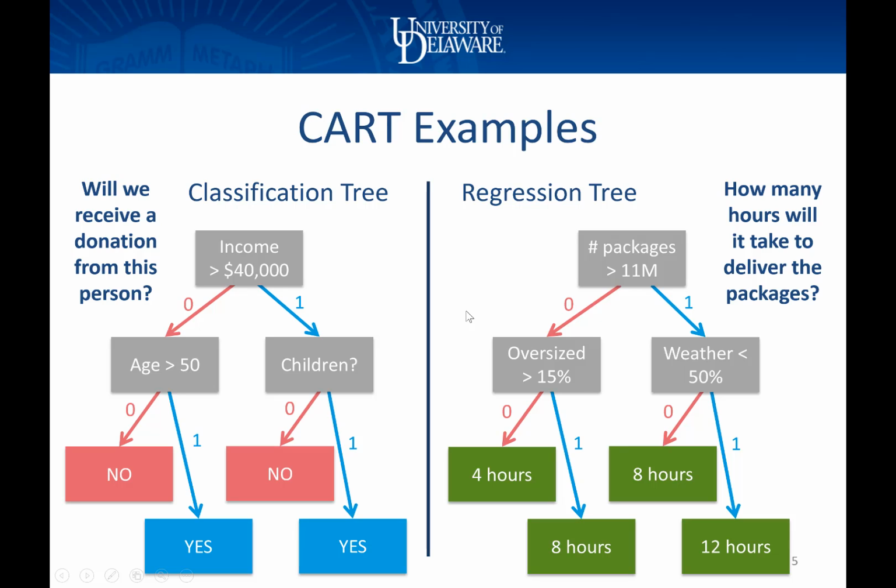Maybe we predict 4 hours for all days of certain types, where the number of packages was not more than 11 million and the number of oversized packages was not more than 15%. Maybe we're going to predict 8 hours for a day if other conditions apply, or 12 hours. So we're still putting things into buckets, but we're assigning a numerical prediction.